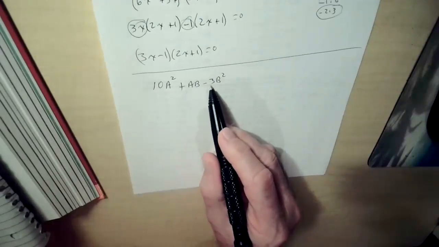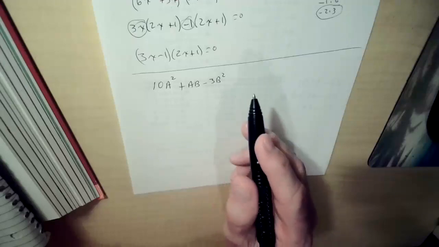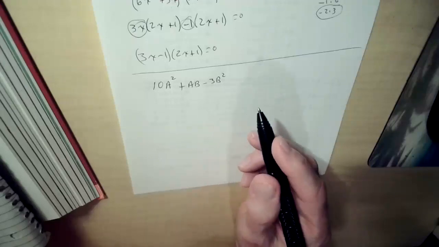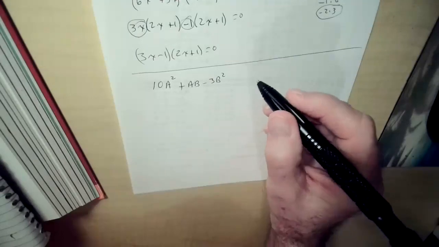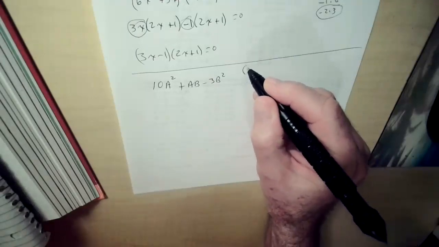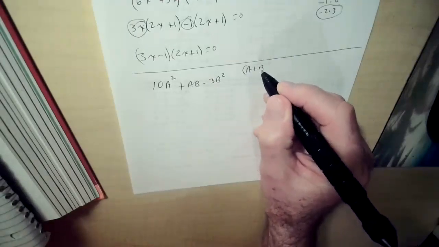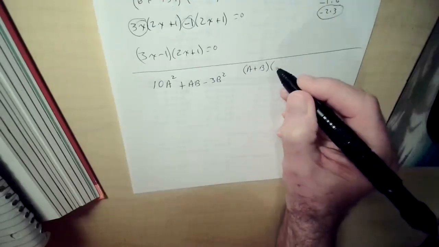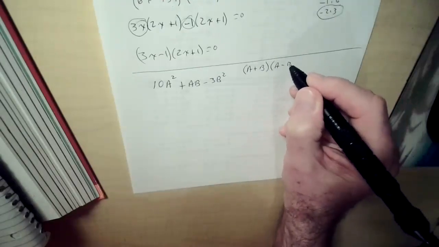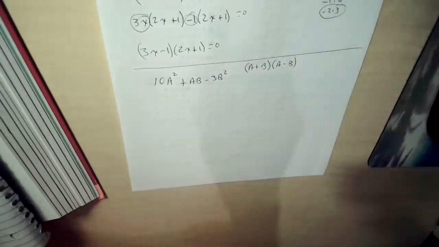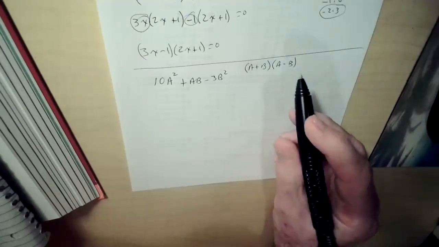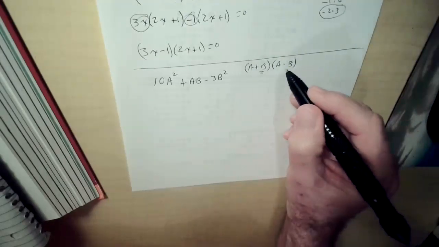So what we're going to do is, and again, linear term's positive. The third term is negative. So what's the form going to be? A plus b and a minus b.